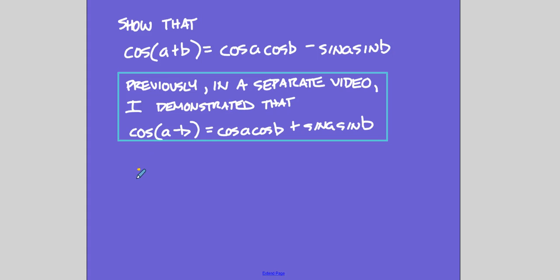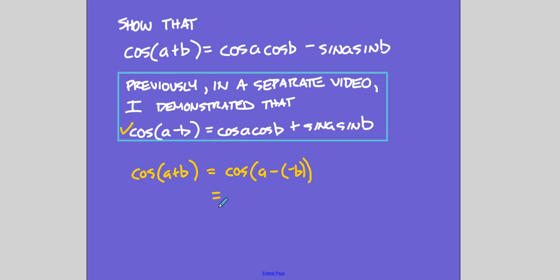I'm going to write cosine of a plus b. I'm going to rewrite that as cosine of a minus the negative of b. And then I can use this property right here.